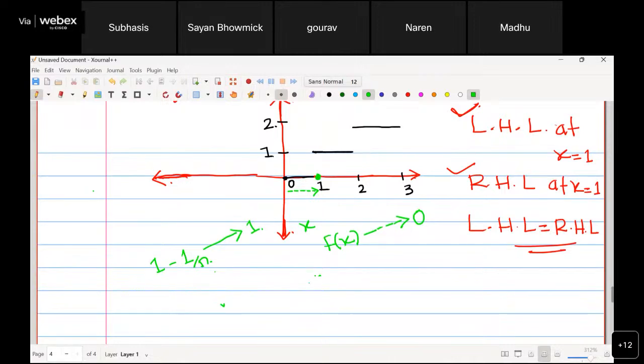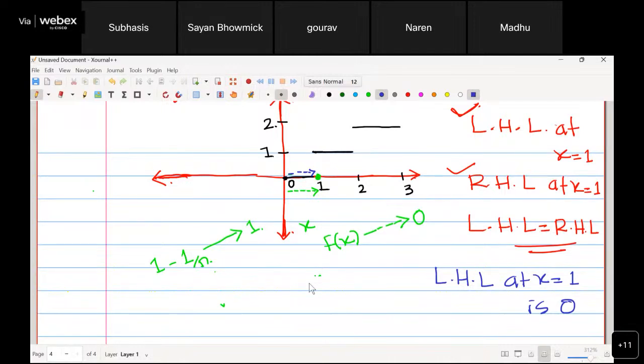So when I'm coming to 1 from the left hand side, the value of the function is approaching 0, as you can see here in the black line. So the left hand limit of this function at x equal to 1 is 0.